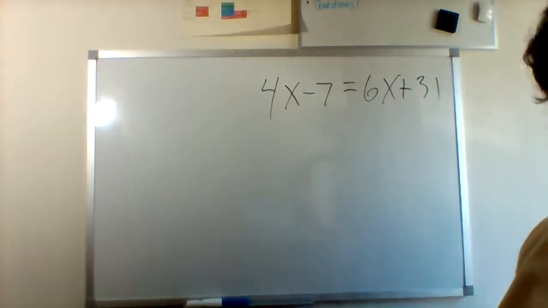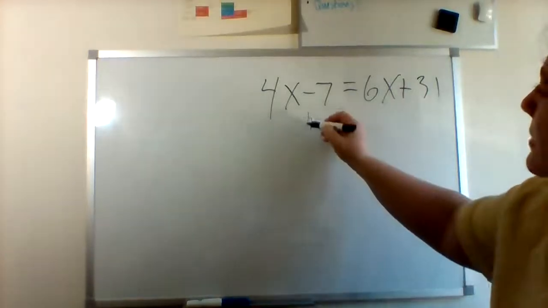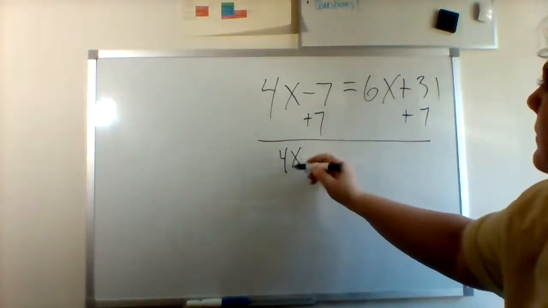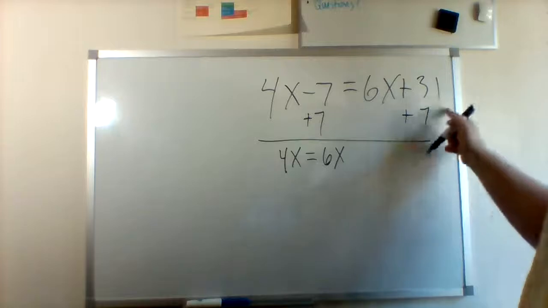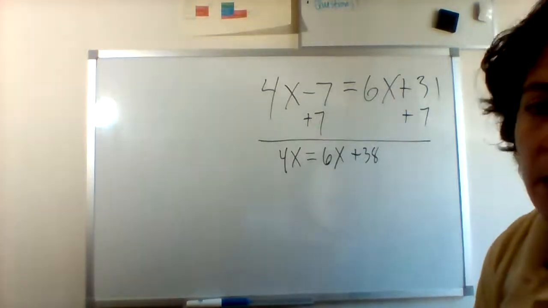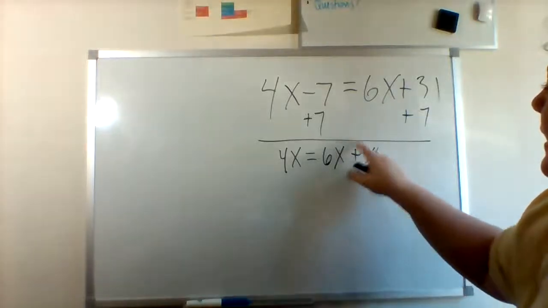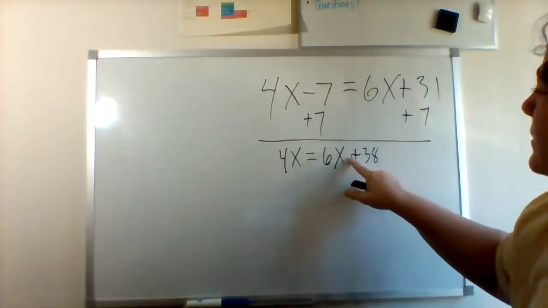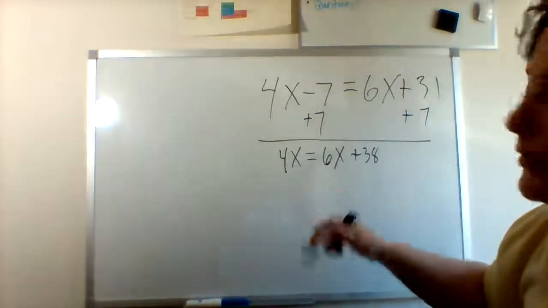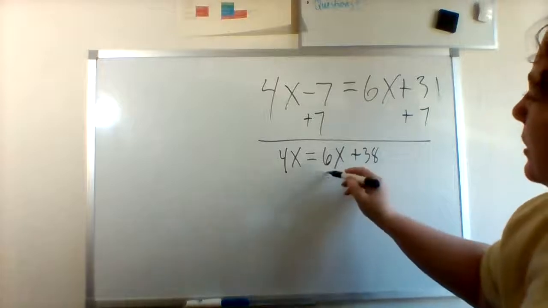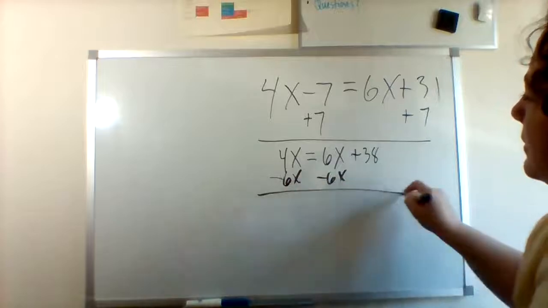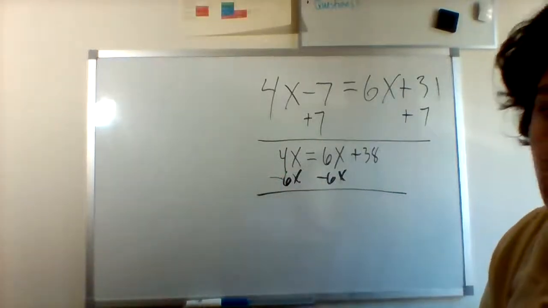Okay, so I'm gonna start with adding 7 to both sides. 31 and 7 is 38. Now, since I have a regular number or constant next to a variable, and a variable is over here by itself, I'm going to juggle a little bit so that the variables are all on one side.